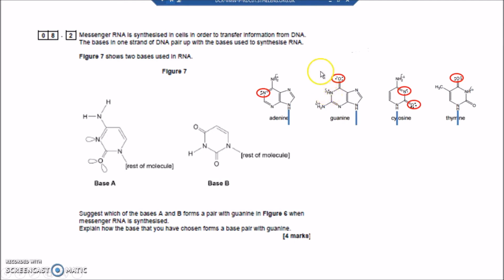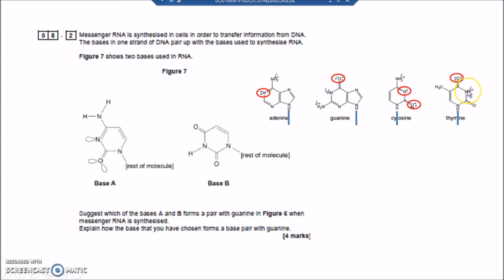The delta plus goes round the outside of that bond and bonds to the lone pairs of electrons on that N, and the O lone pairs go round the outside and bond to the delta plus on that H, and then the NH2 delta plus bonds to the lone pairs of electrons on the O, and then you end up with a fifth bond.